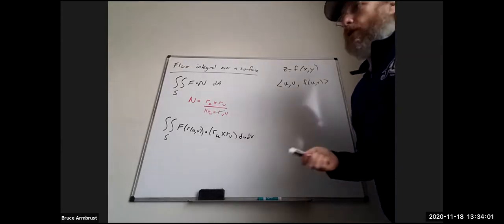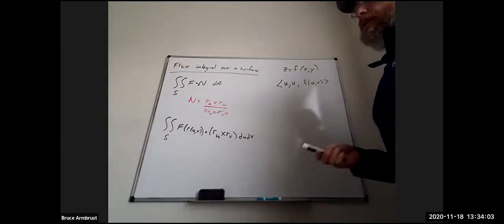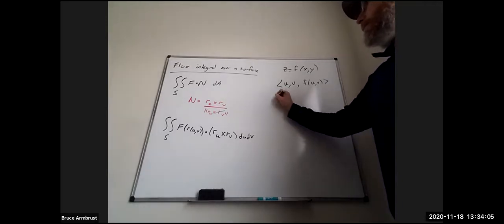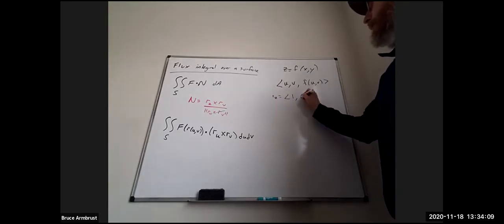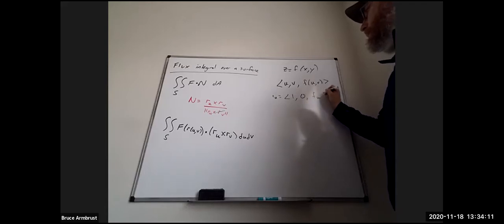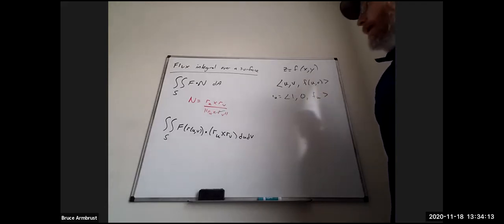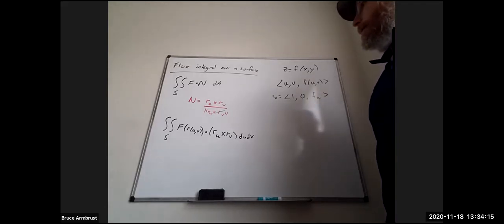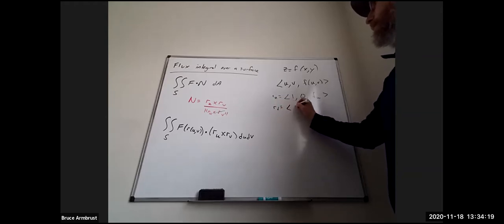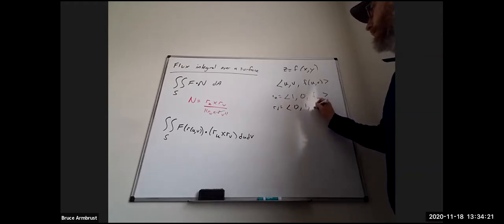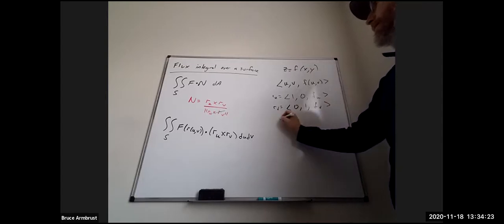Okay, so let's look at the partials of this with respect to u and with respect to v. With respect to u, we're going to get 1, 0, fu. And with respect to v, we're going to get 0, 1, fv.